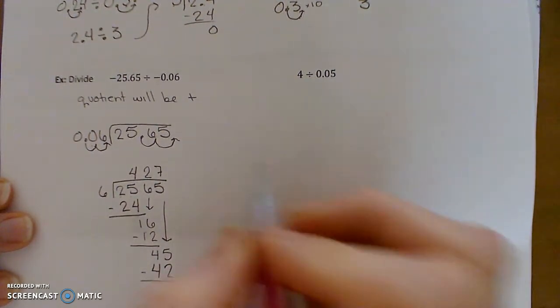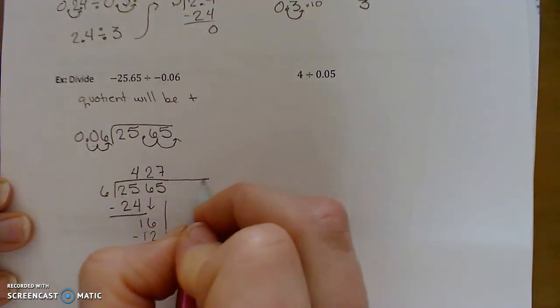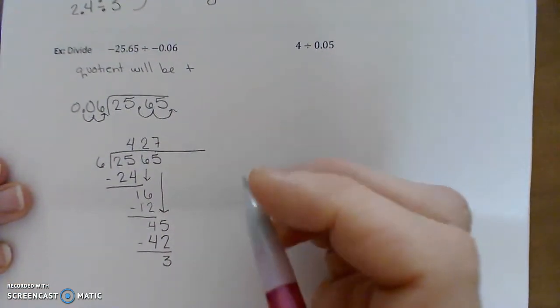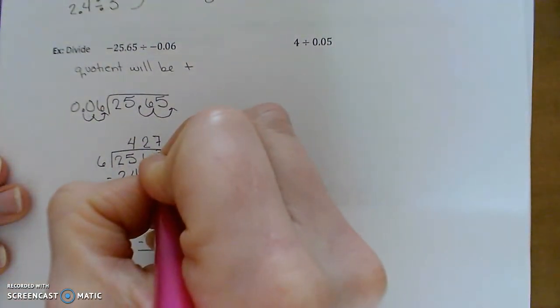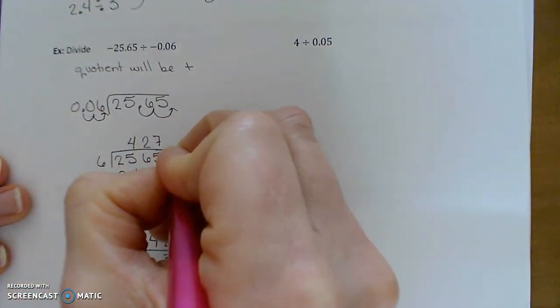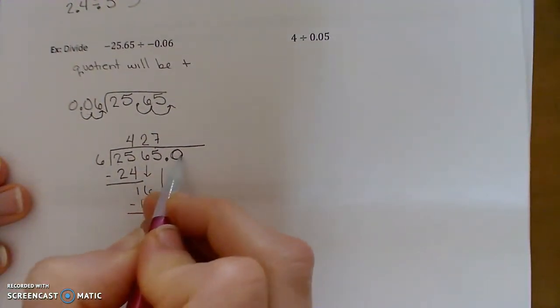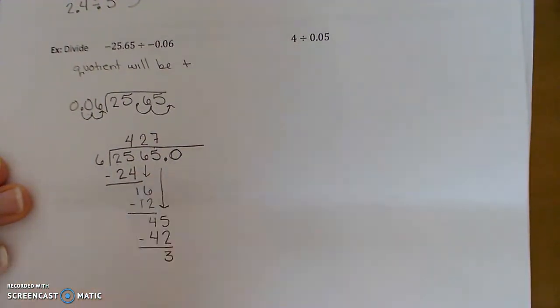Now I'd like to bring down my next digit. But notice I don't see any more digits in my number, but you can keep going by putting in a decimal point and adding a 0, because 2565.0 doesn't change the number.